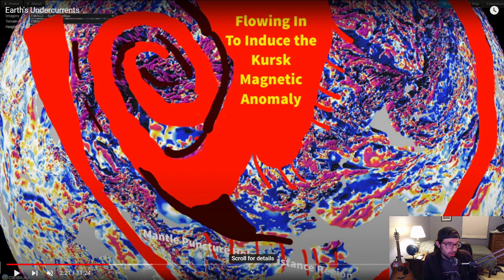Probably very closely related more to just where the mantle puncture hole is. It flowed in atop it so that it could divide from its current with maybe some off-center pressure because of the rotation of the Earth.